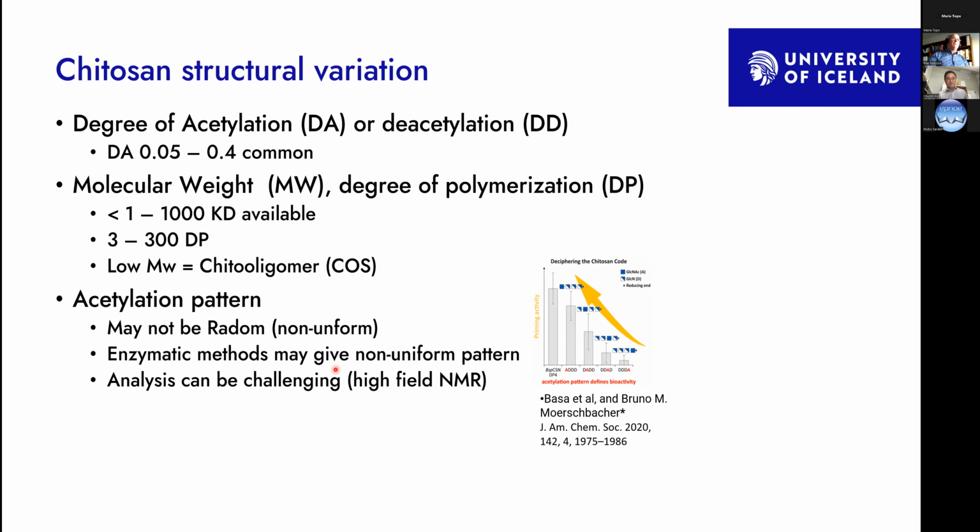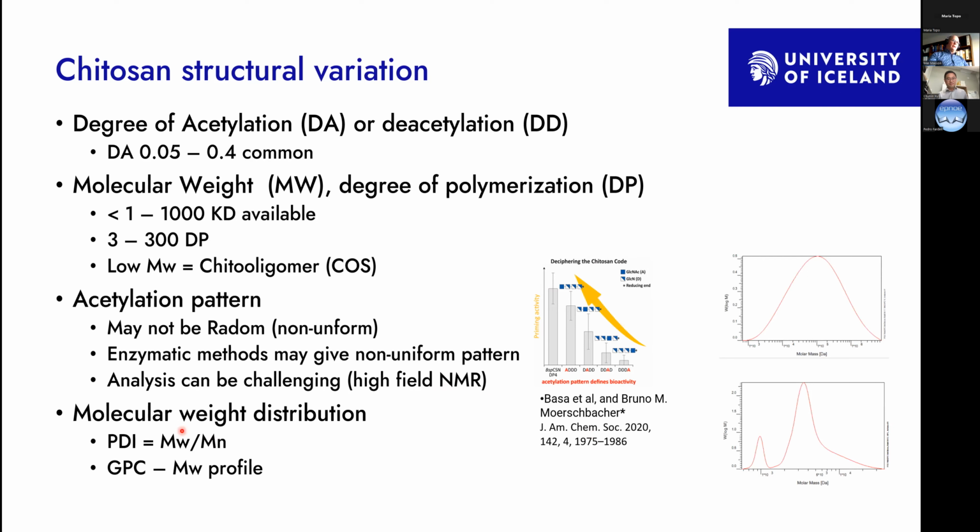This may not be random, especially if you use enzymatic methods for deacetylation, which I don't go into, but this acetylation pattern is very rarely reported because it's quite challenging. However, especially with oligomers, there is a strong correlation between the acetylation pattern and biological activity, and this may also affect polymers, both the physical-chemical properties and the biological activity.